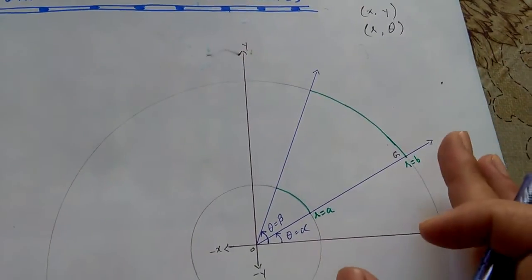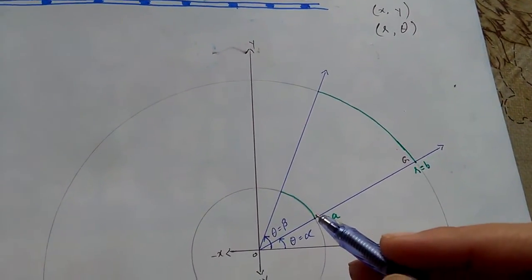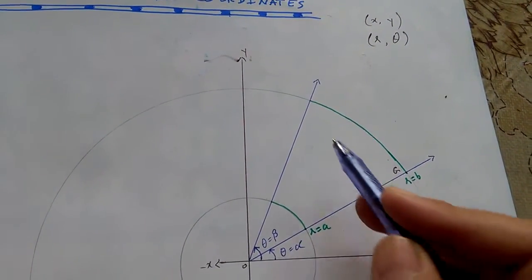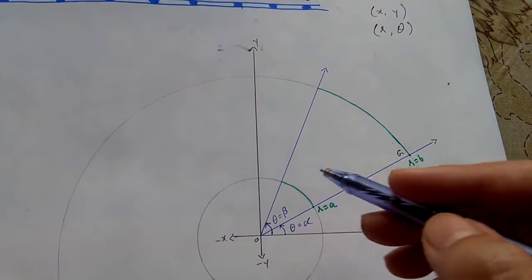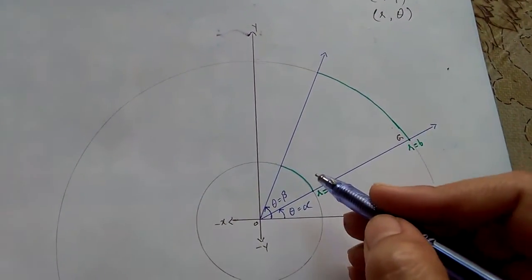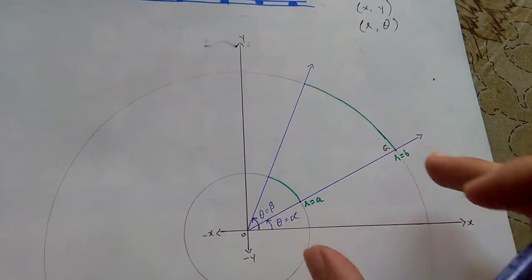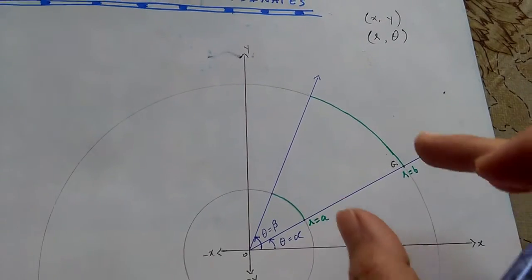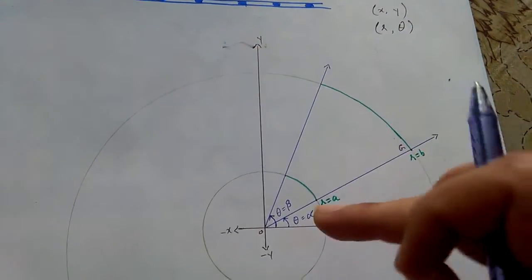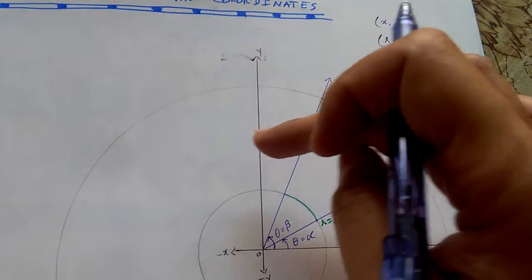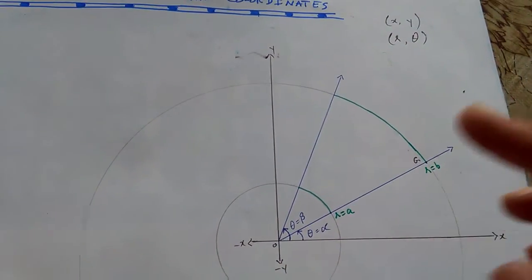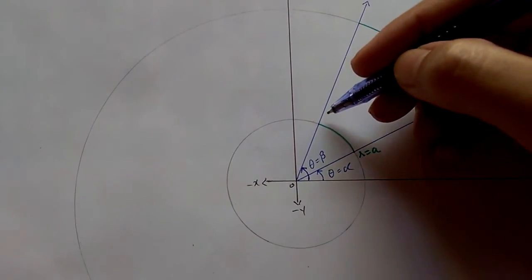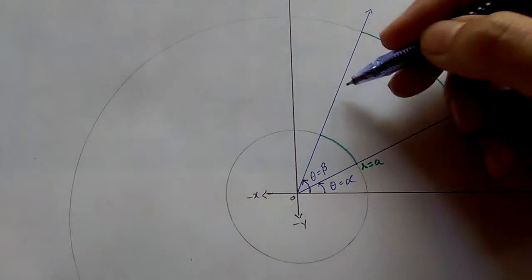Now I will divide this entire plane G by means of several arcs representing circles between these two major circles with radii r equals a and r equals b. Between these two circles I will draw a few more circles, and let there be n number of circles, where n is any natural number.